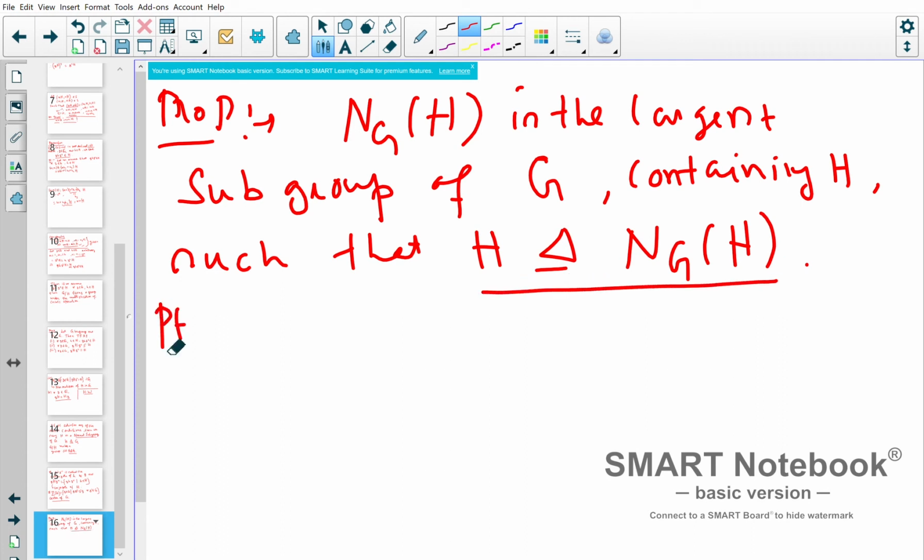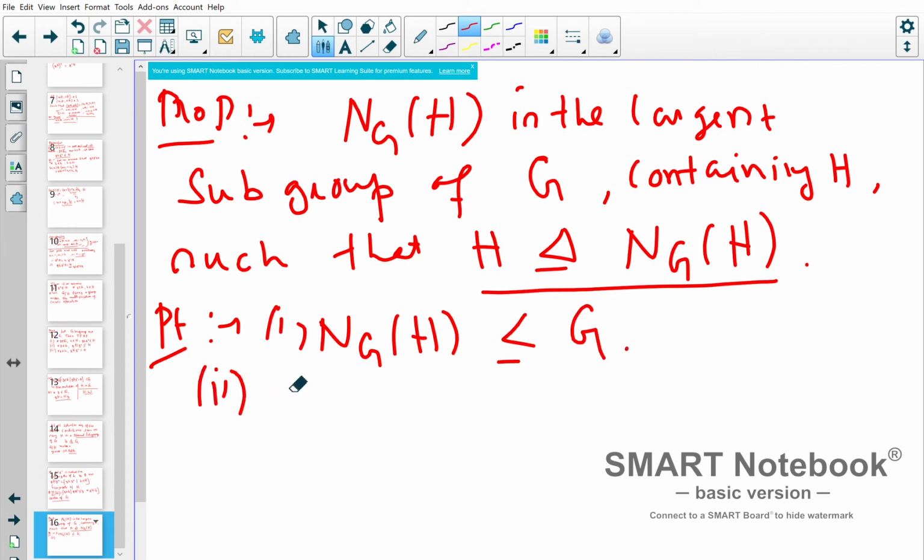So the proofs are very simple. First, you need to check that N_G(H) is a subgroup of G, and that is obvious. Number two, you check that H is a subset of N_G(H) first of all. This is obvious, right?